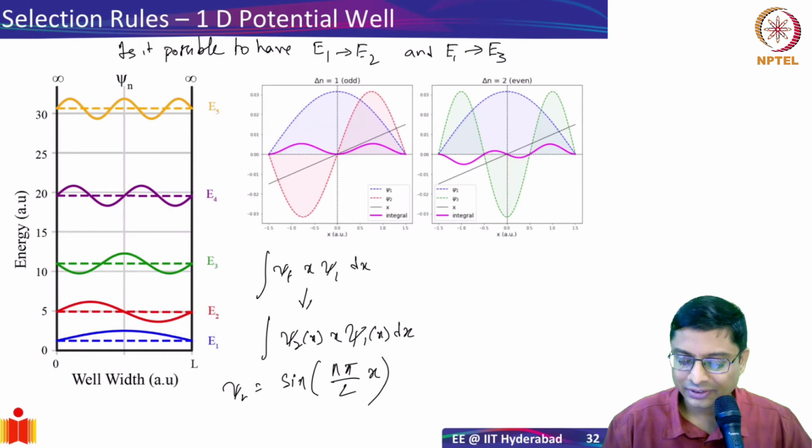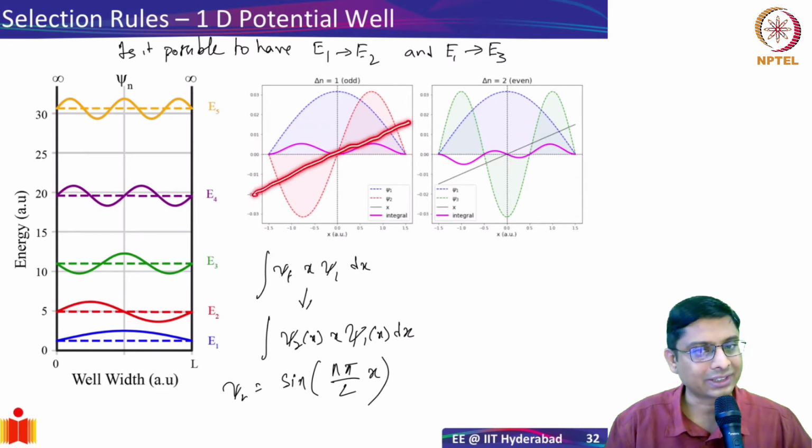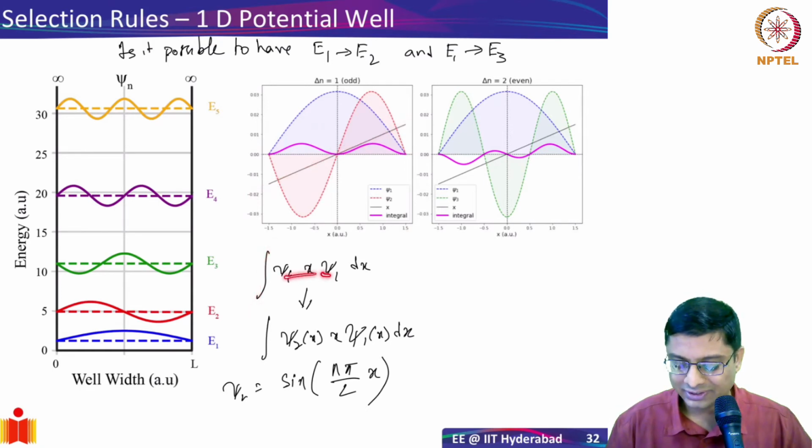So basically you can have a scenario wherein, let's say, this is my potential well. You have the first wave function which is like this, similar to this blue here. And the second level is a wave function which goes like this. Then I have an x, which is an odd function like this. Now my integration of psi f x psi i is simply the product of these three things integrated.